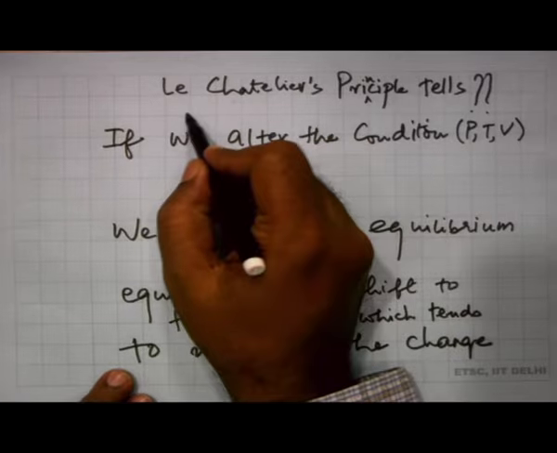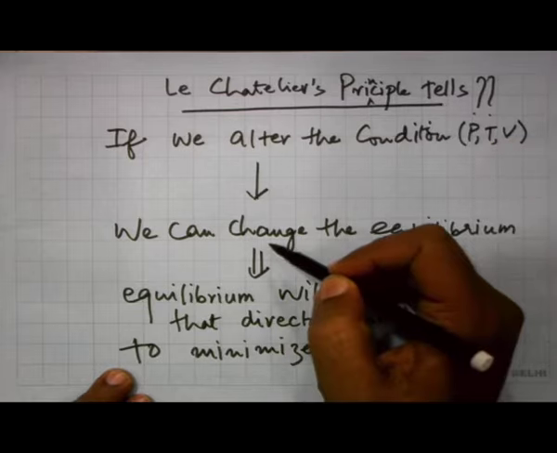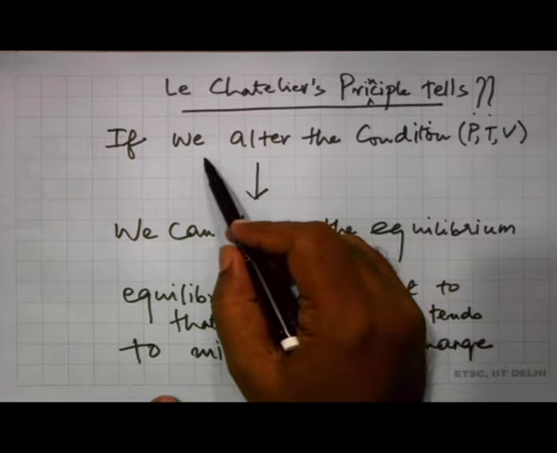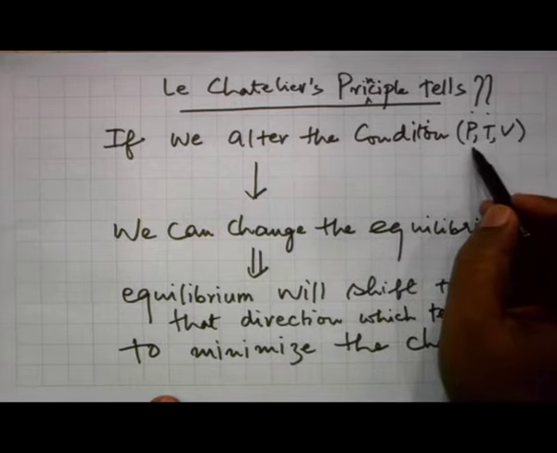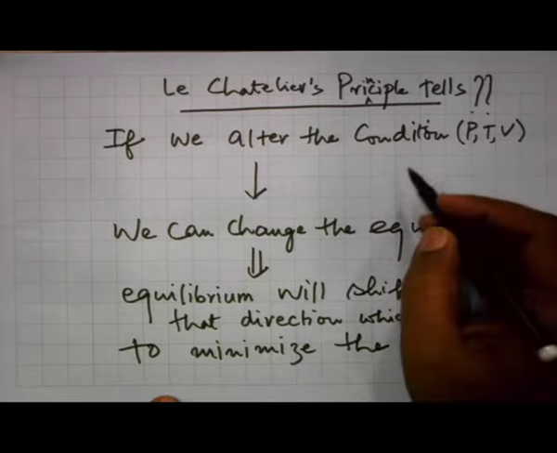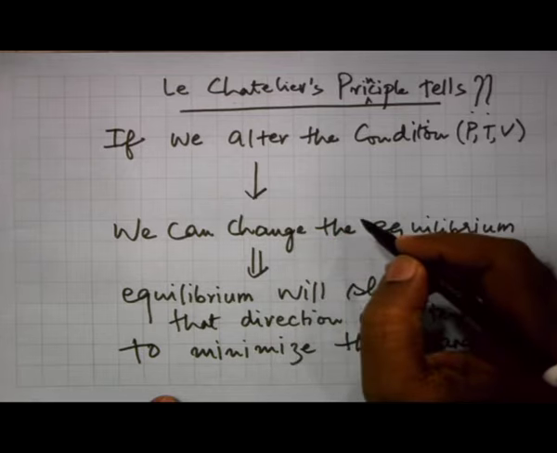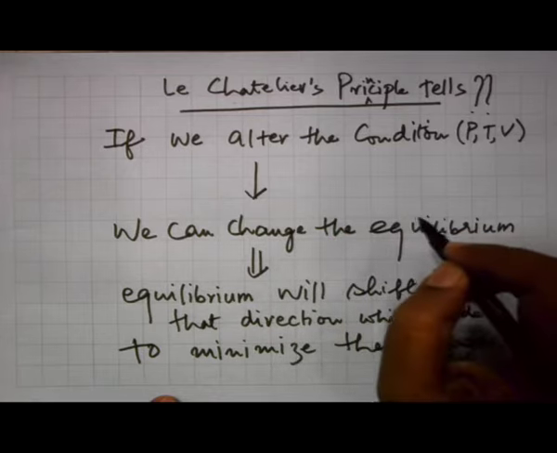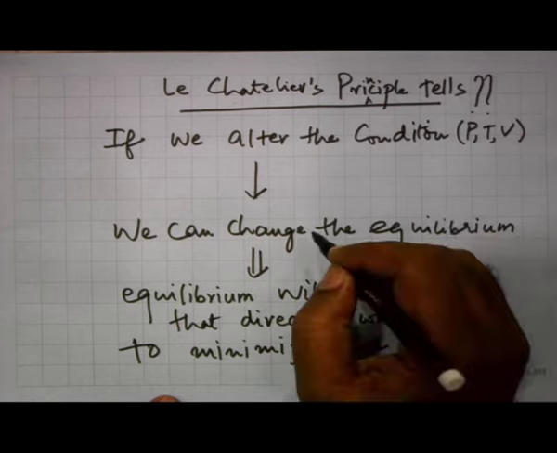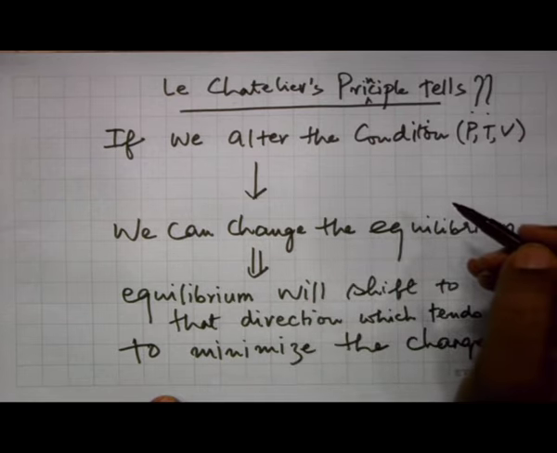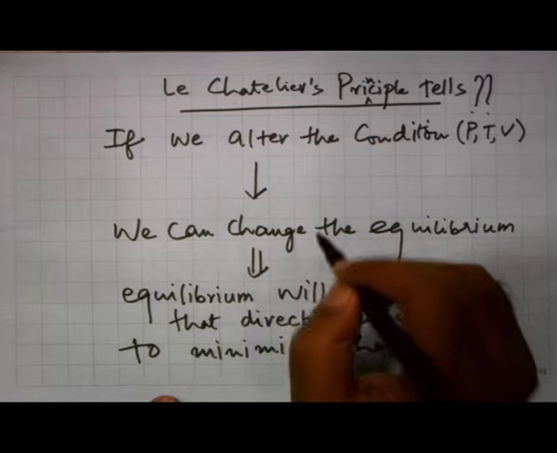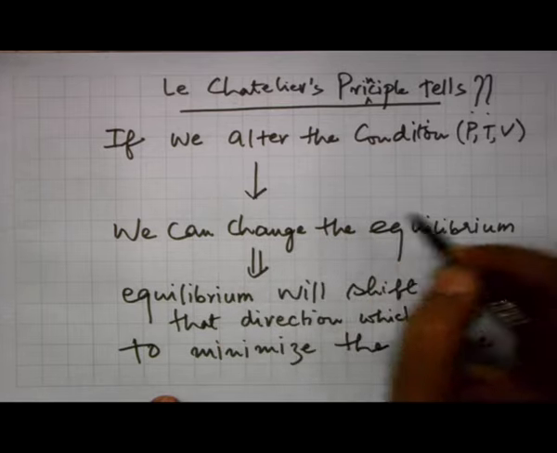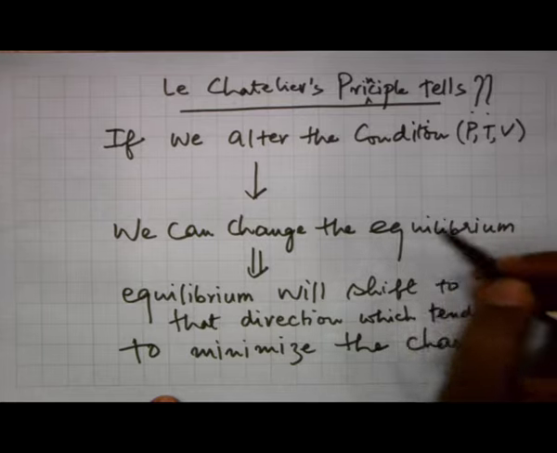What does Le-Chatelier's principle tell you? If we alter conditions, for example pressure, temperature or volume, we disturb the equilibrium, and finally a new equilibrium will be established. This principle tells you in which direction the new equilibrium will lie, whether to the right-hand side or the left-hand side.